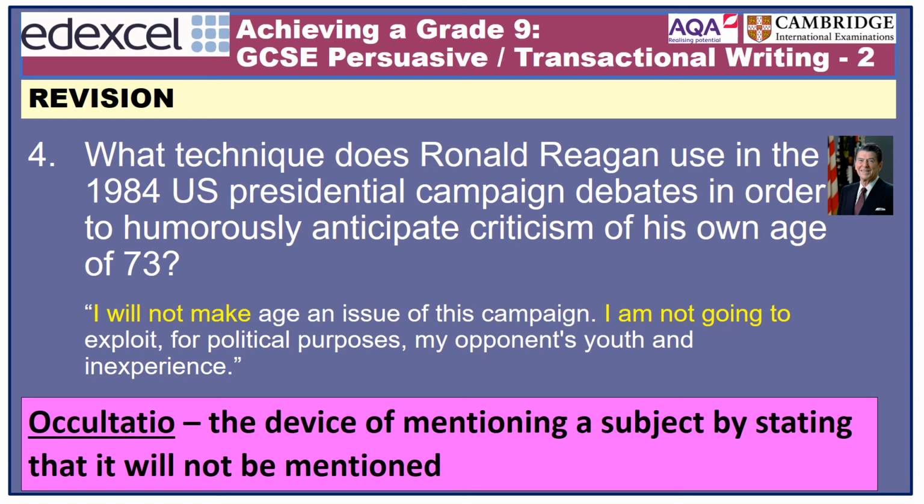In these words, Reagan anticipates criticism of his age and humorously flips this criticism on its head by saying that he won't draw attention to his opponent's, Walter Mondale's, too youthful age. Now, at the time, Mondale was 56, not, say, 26, and so these lines will clearly be seen as a clever, deflecting joke at his own expense.